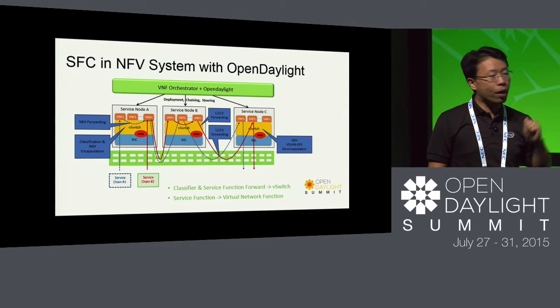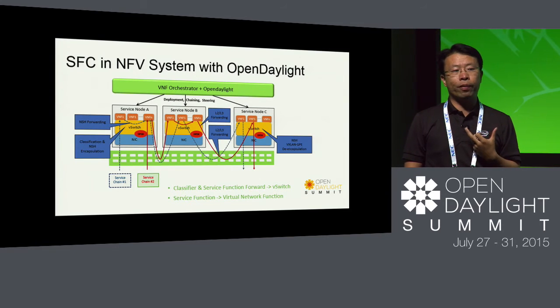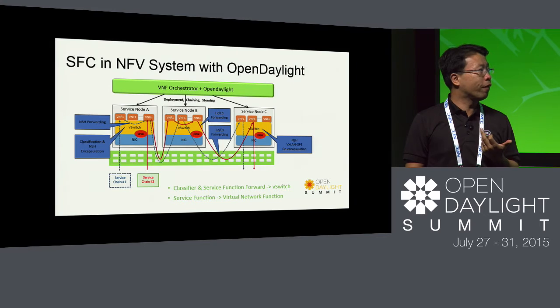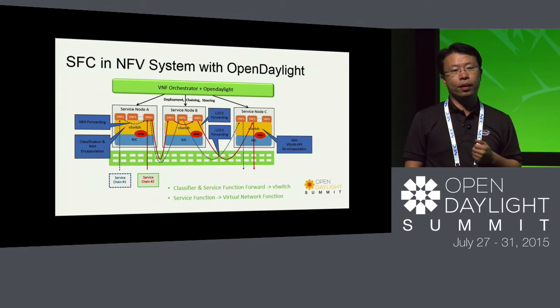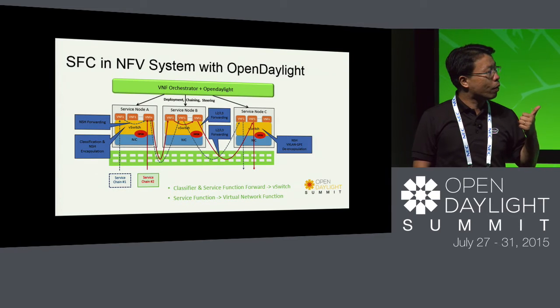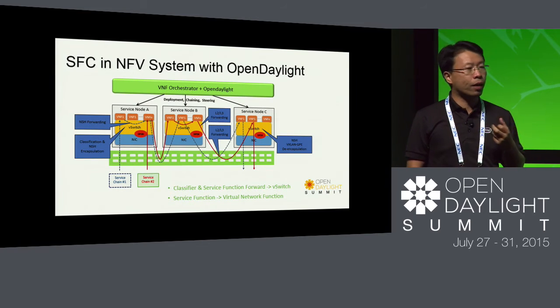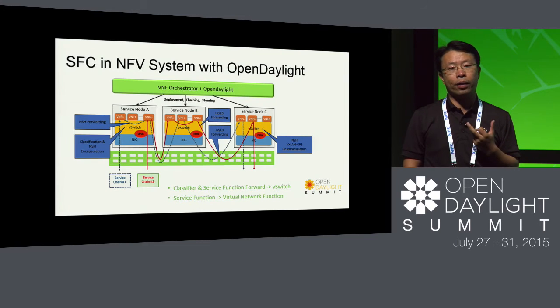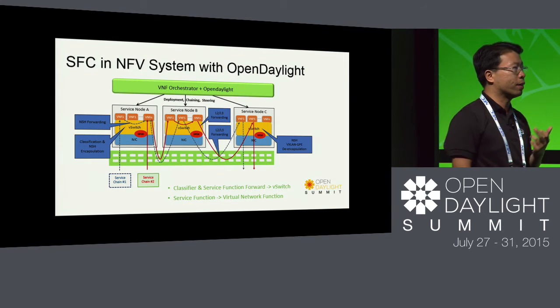So using stock OVS, even though it supports NSH, according to our performance measurements, we found that without DPDK acceleration, it will be very hard to achieve end-to-end performance, for example, to meet 10 gig or 40 gig line rate. So that's the reason why we want DPDK and the DPDK related hardware and software optimization technology on Intel x86 servers to improve the performance of the service function chain.